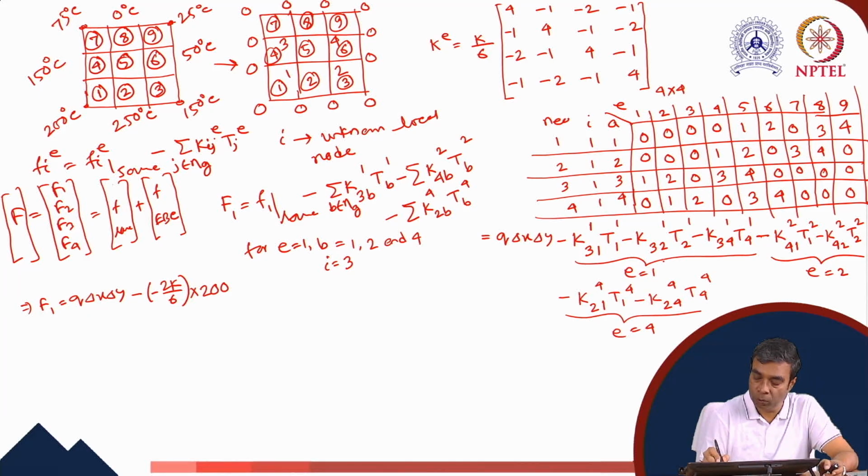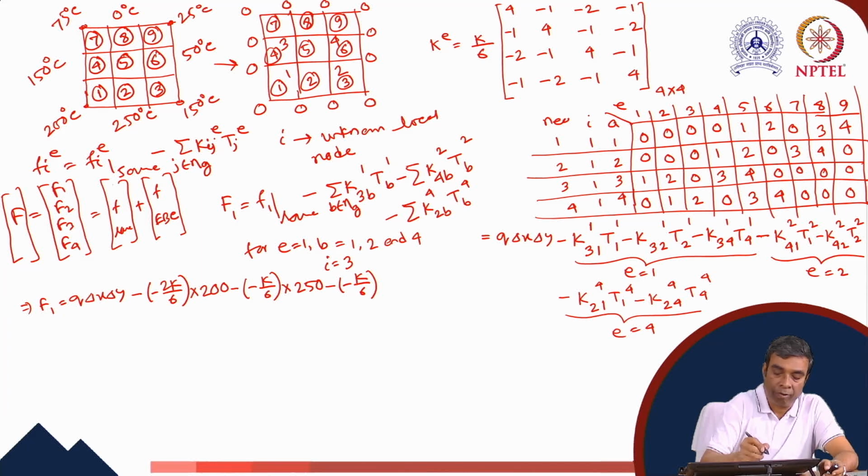Minus K_321 T_21. K_32 is minus k by 6, so this is minus k by 6 into T_21. T_21 is 250 degrees centigrade, so 250. Minus K_341. K_34 is minus k by 6. Minus k by 6 into T_41.